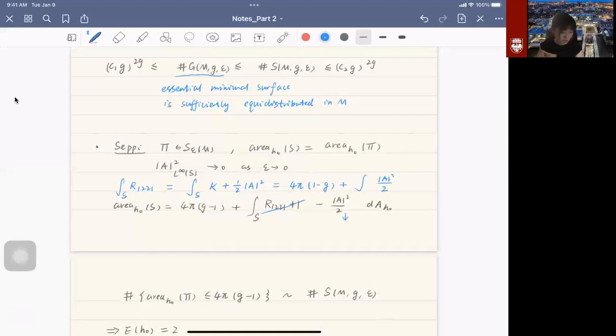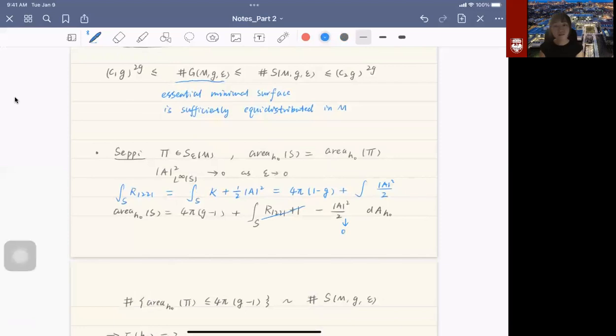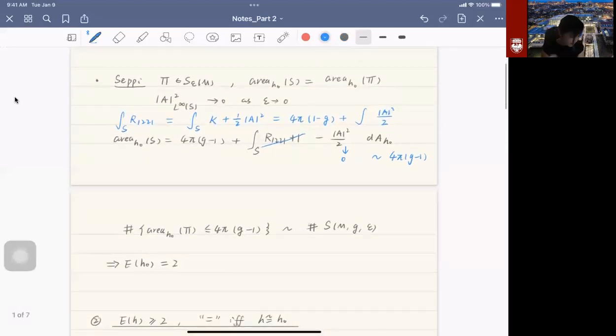the second fundamental form is going to 0. So that is to say, when epsilon is a very small number, the area of S in the hyperbolic metric is comparable to 4 pi (g minus 1). It's very close to this number. That's also to say that the number of minimal surfaces whose area is bounded by 4 pi (g minus 1) is comparable to the cardinality of S_M,g,epsilon.